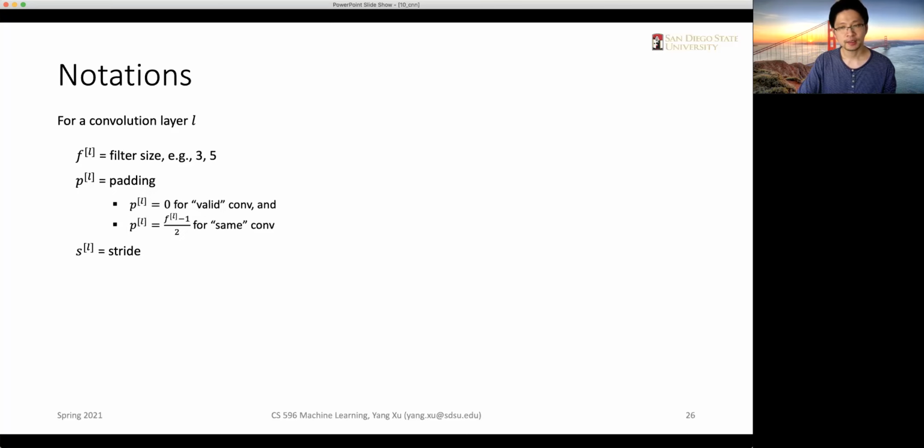Stride is denoted by S superscript L. Now it comes to the input shape. The inputs are not strictly square images, so the height, width and depth can be different.